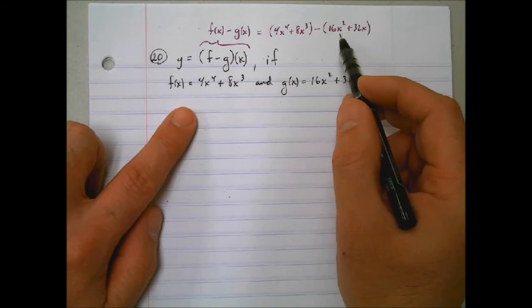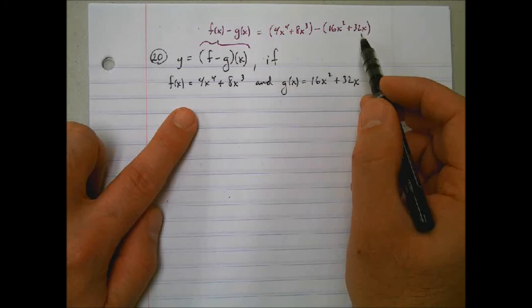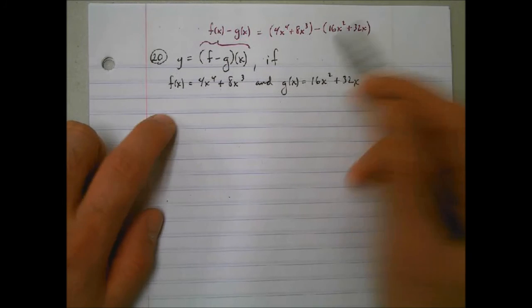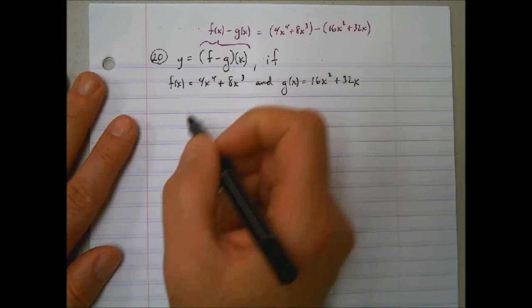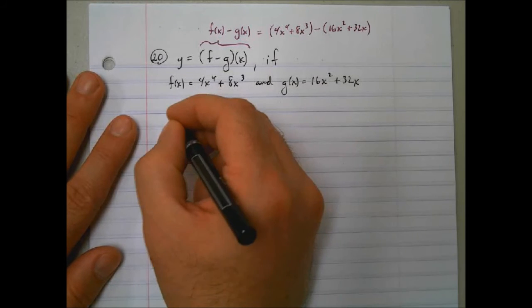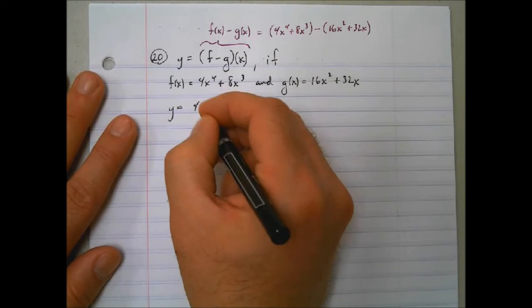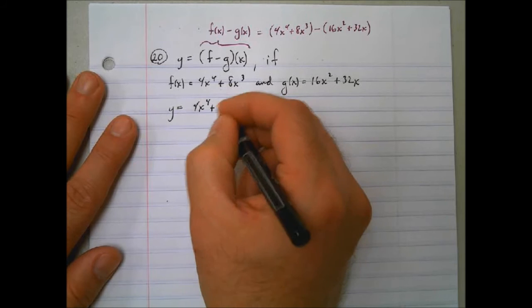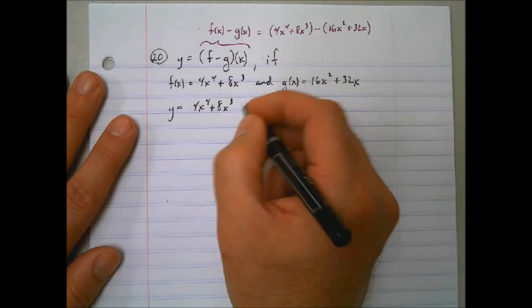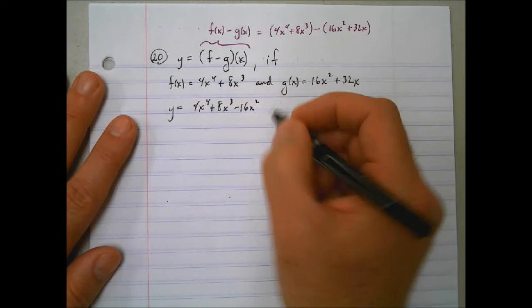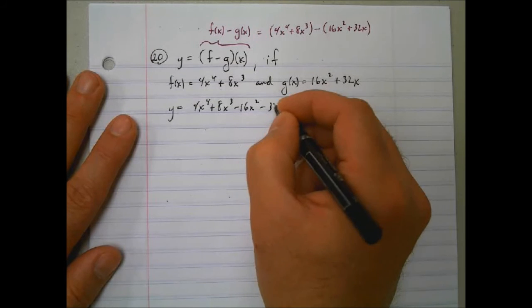And g of x is 16x squared plus 32x. And we have to subtract them. So the function we are actually graphing is y equals 4x to the fourth plus 8x to the third minus 16x squared minus 32x.